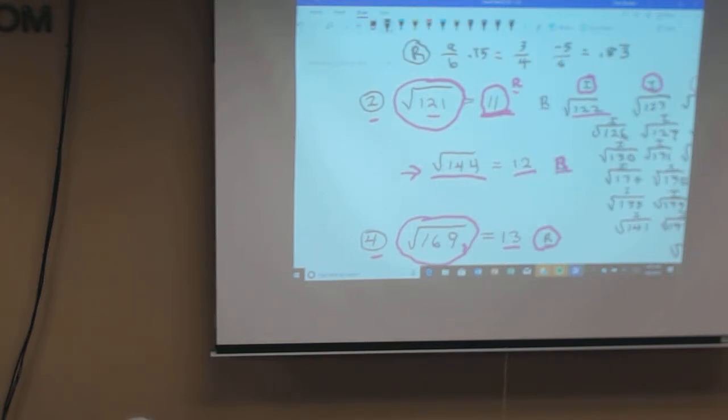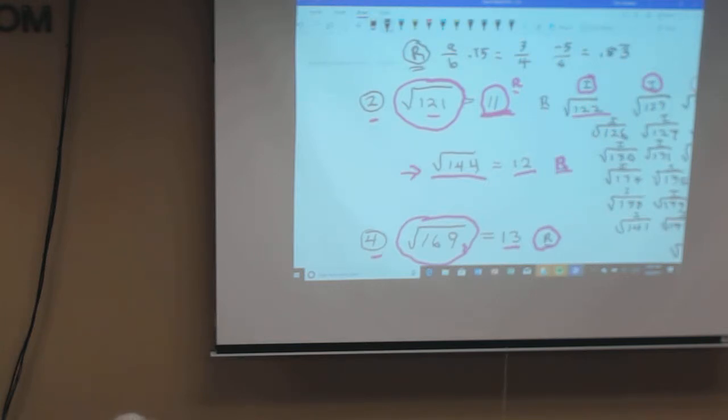You don't look very excited about this stuff. So I'm supposed to classify each number as rational or irrational. Well, if it's a repeating or a terminating decimal, guess what that makes it? A rational number. If it's not repeating or not terminating, guess what that makes it?